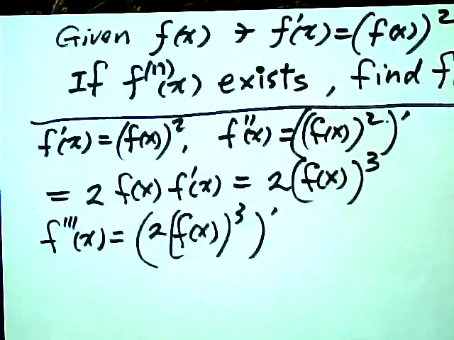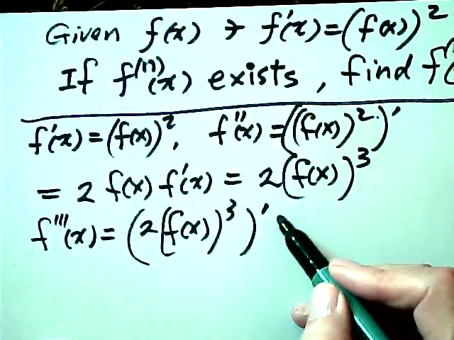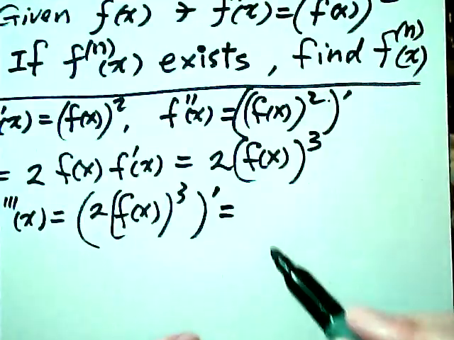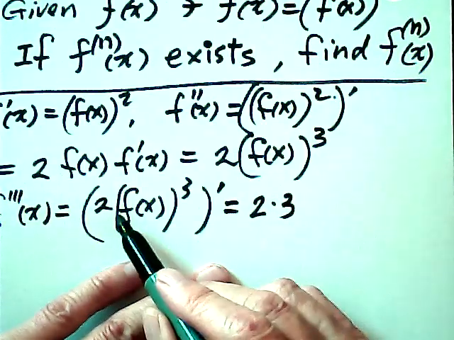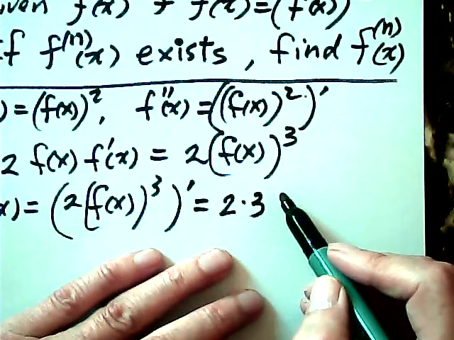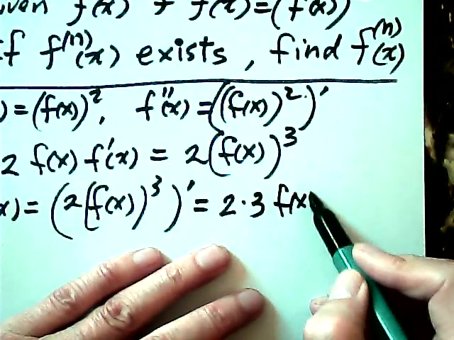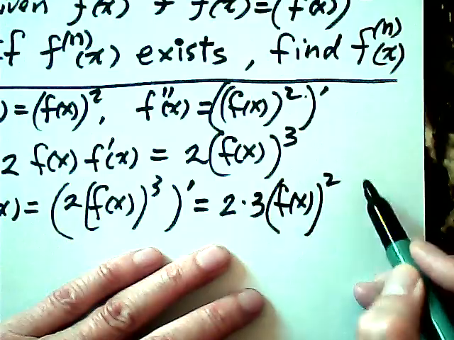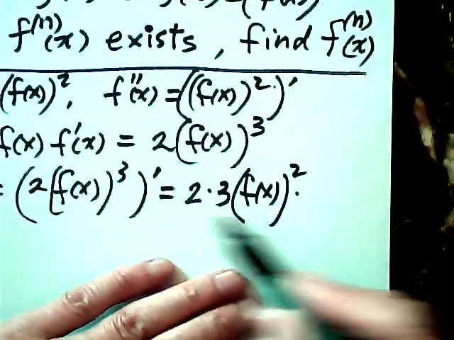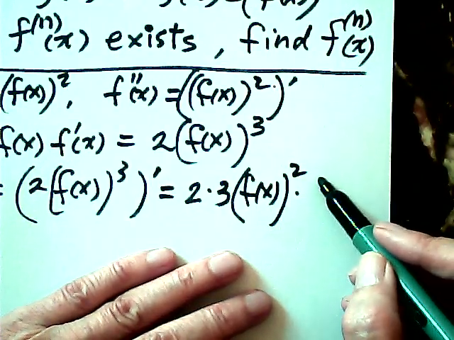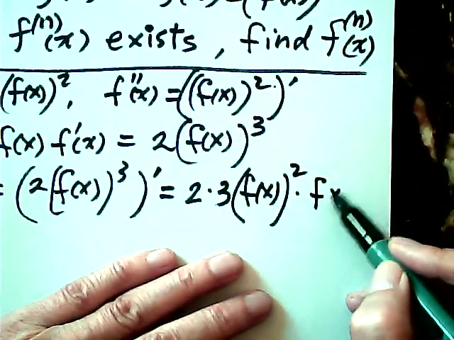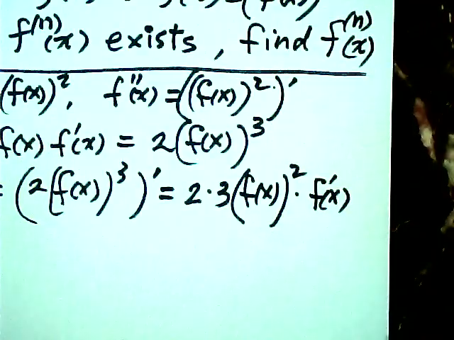This is equal to 2 times 3 times f of x squared times the chain rule, the f of x derivative, right? The chain rule.